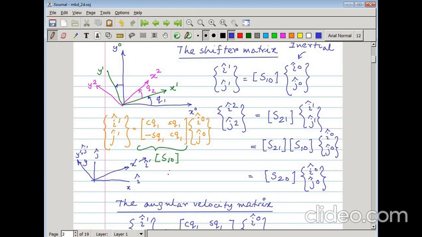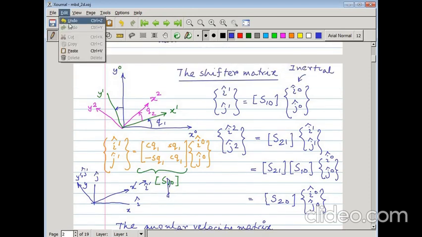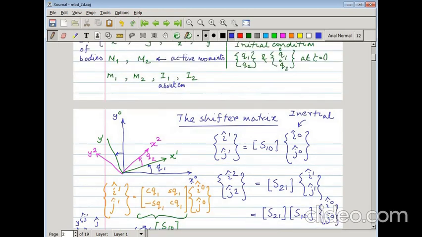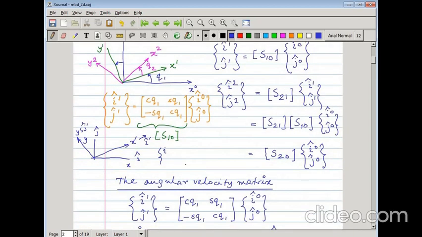So you know what is the relation between I dashed, j dashed equal to, if this angle is theta, this is cos theta, sin theta, minus sin theta, cos theta, times I, j. And with this we start.